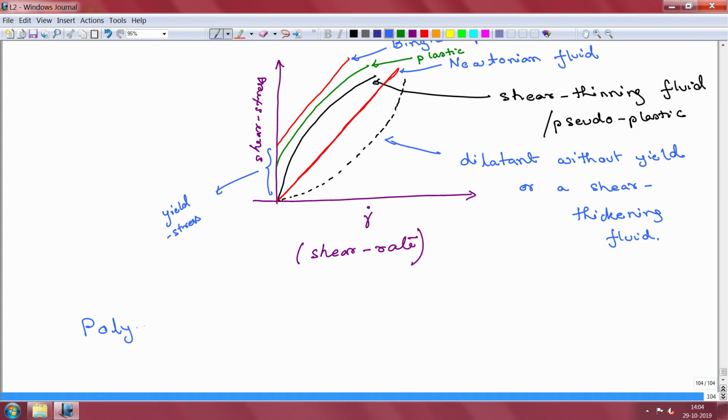So, most of the polymer melts or solutions of polymers often behave as shear thinning fluids. When I say solutions, it means solutions of polymers are often shear thinning.